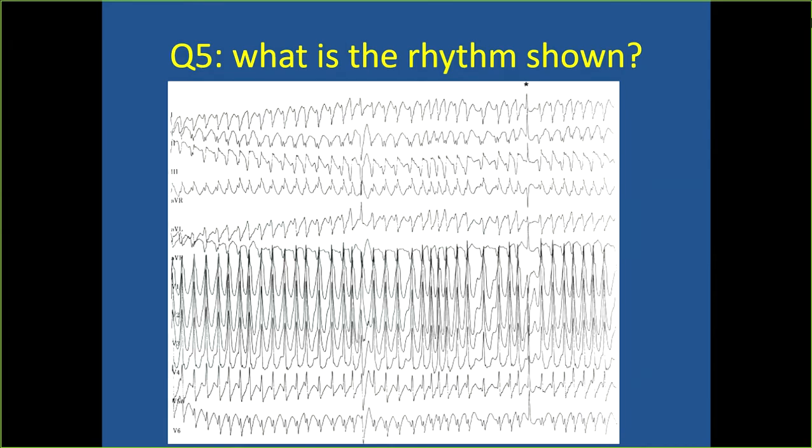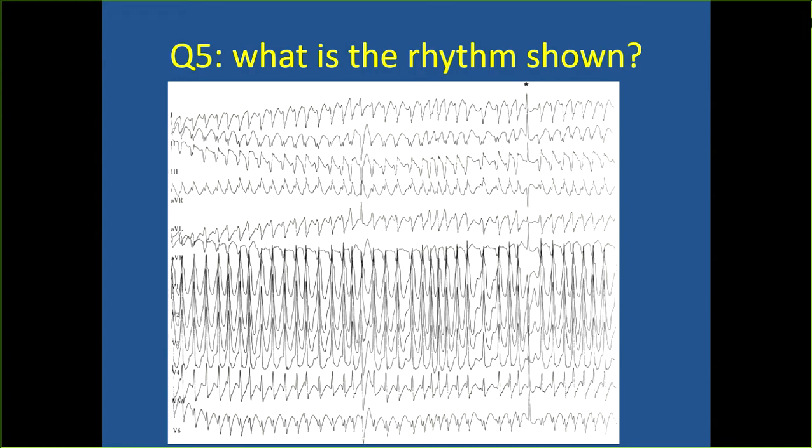Now, if you say it is a polymorphic VT, you may think here the complexes are small and here it is bigger, so it is twisting around the point. But you should see that the baseline itself is moving, and this is a respiratory artifact. And because there's a respiratory artifact, it is appearing like this. So this is not a polymorphic VT.